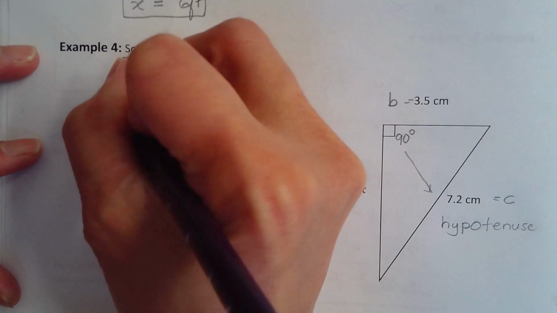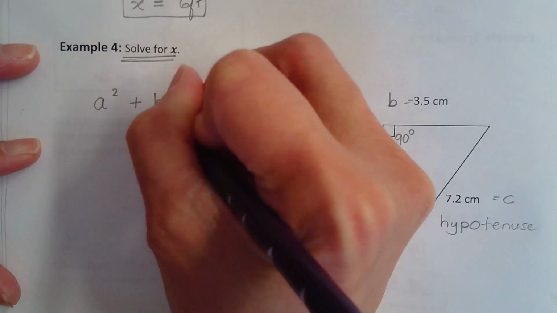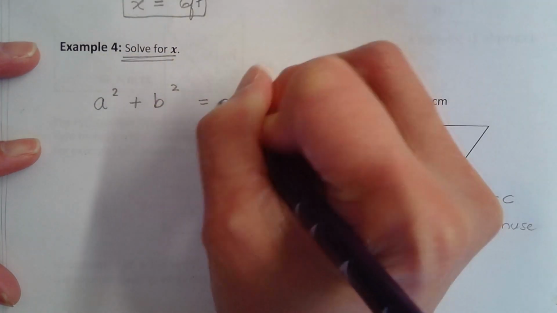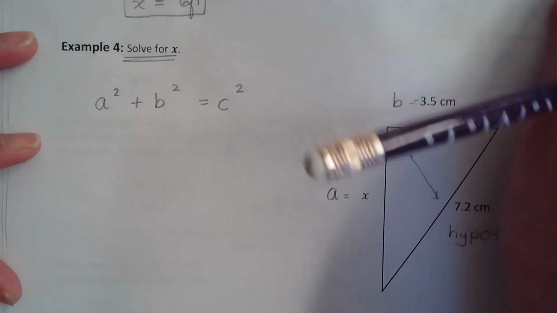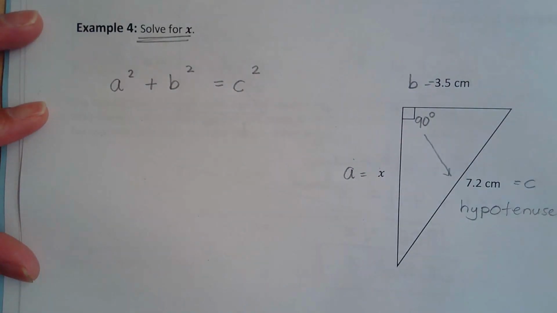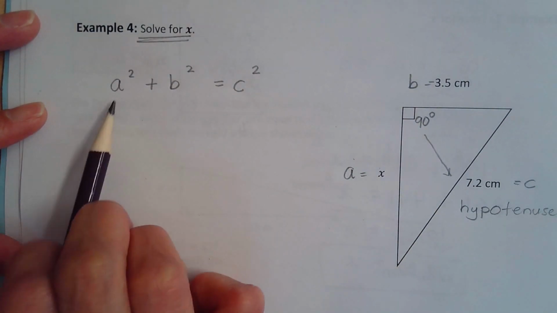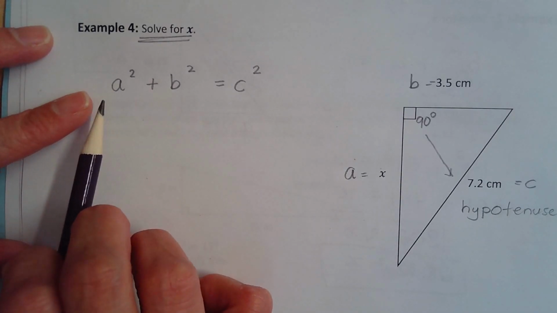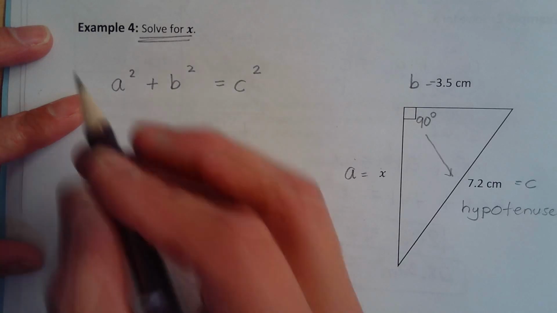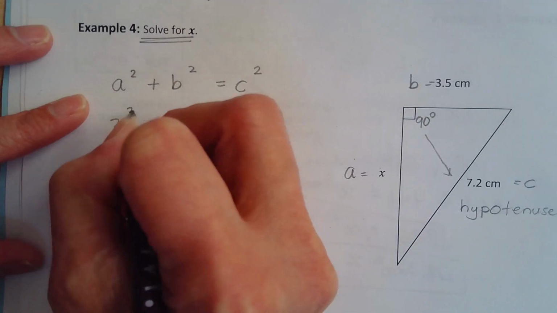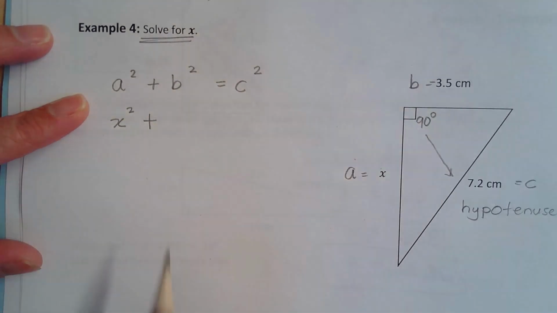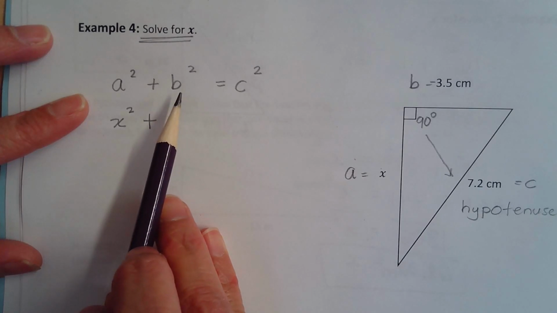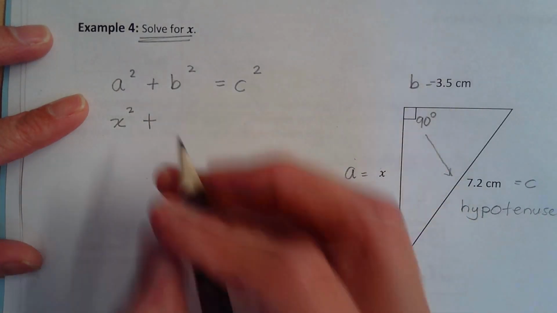Let's first start off with the formula. a squared plus b squared equals c squared. Okay. What do I replace the a with? x squared plus, what do I replace the b with? 3.5.